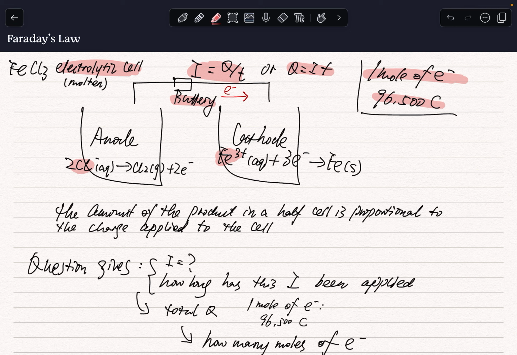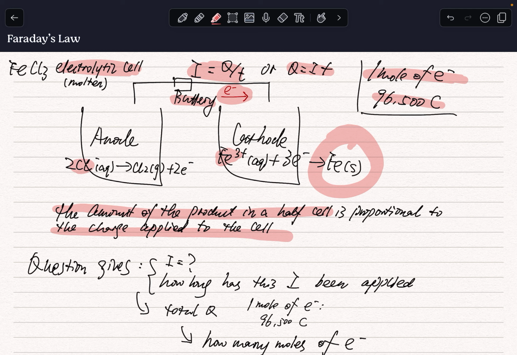Okay, now let's dive into Faraday's law. Faraday's law says that the amount of the product in the half cell, so I can say this solid iron is the product in a half cell, right? And then how many moles of a product do I produce, or how many grams of a product do I produce? That is proportional to what? To the charge applied to the cell, okay? And the charge applied to the cell is basically the charge of the electrons, right?